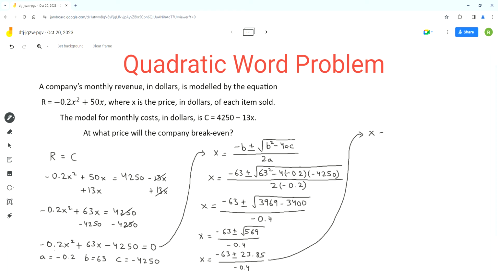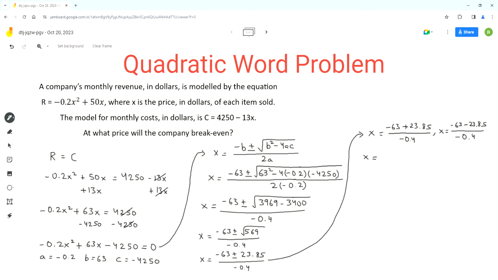The positive case is negative 63 plus 23.85 over negative 0.4, and the other case is x equals negative 63 minus 23.85 over negative 0.4.